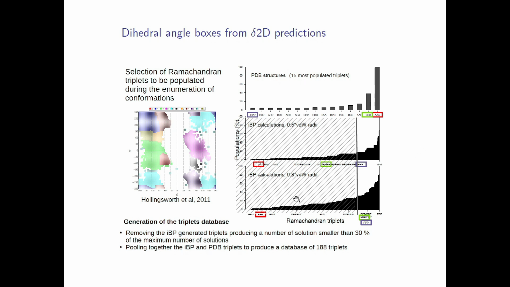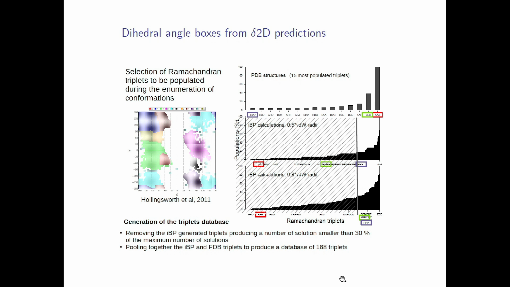Then I was doing that by assigning all possible different regions alternatively for the residues, and you see that for some cases we have a lot of solutions, and for other cases we do not have so many solutions.